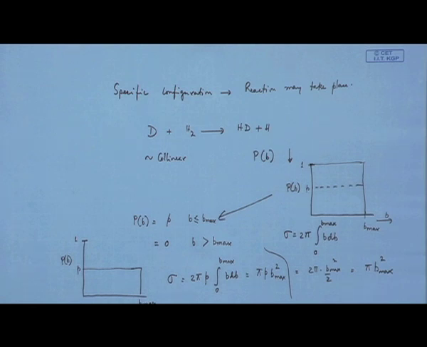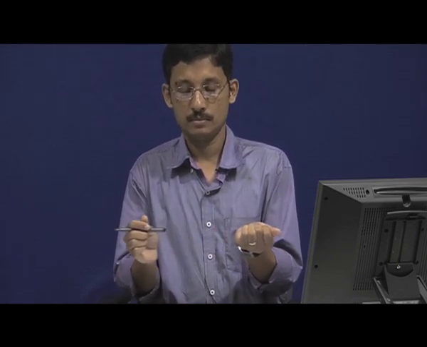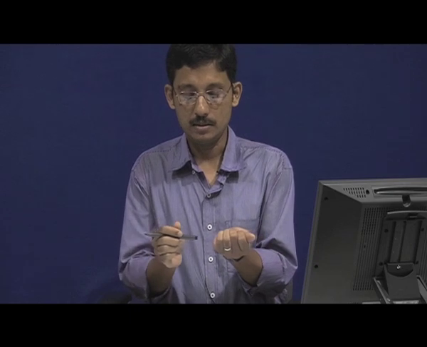So, therefore, this is the steric factor, the specific geometrical requirement, like I told you in case of D plus H2. If it is almost collinear like this, then reaction will take place, but if it is not collinear, then the reaction is difficult and will not take place.